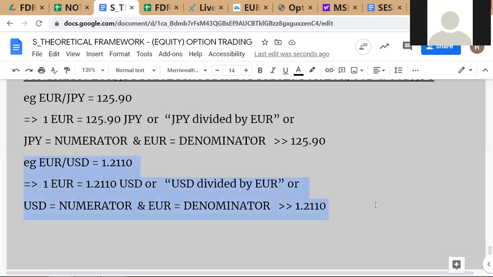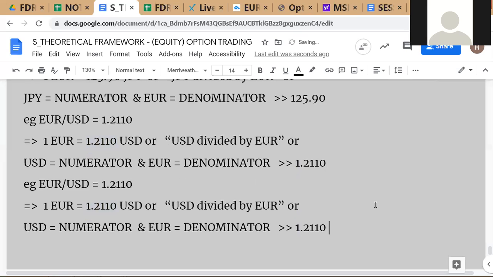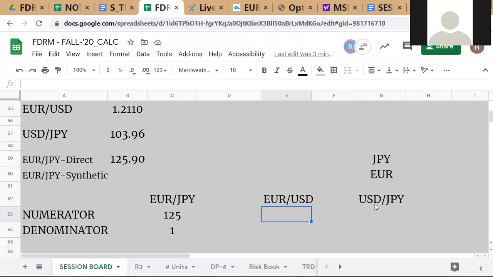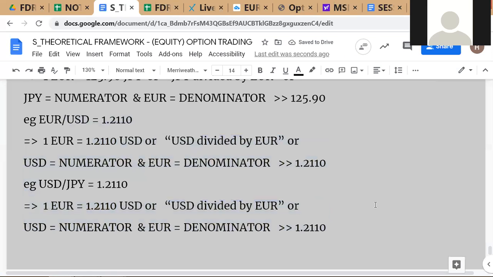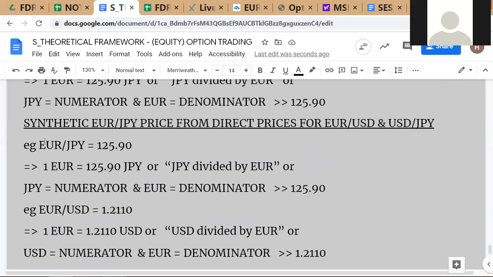And then once again, we want to clarify that in the case of USD JPY, which we have taken as 103.96, then in the case of USD JPY, we'll break it up visually for you guys so that it's easier to follow.